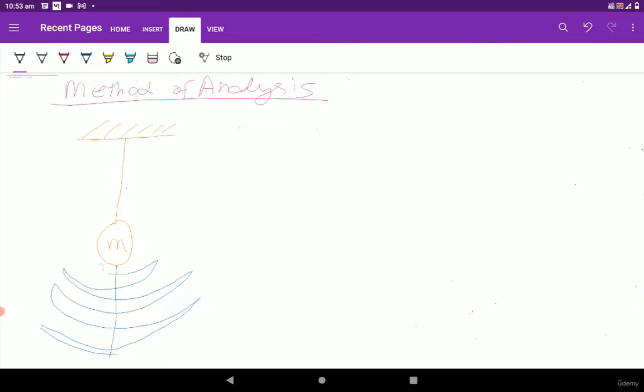There are three methods to solve this type of question. The first method is the Newton method, which we can call D'Alembert's principle.